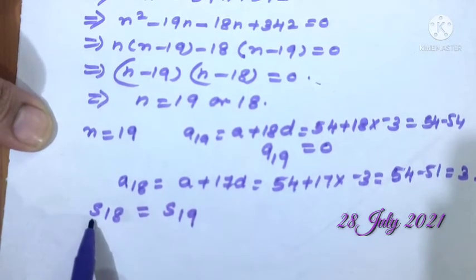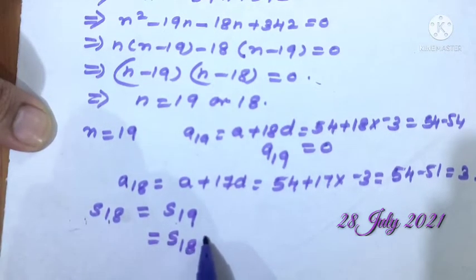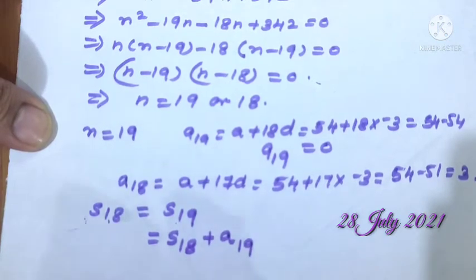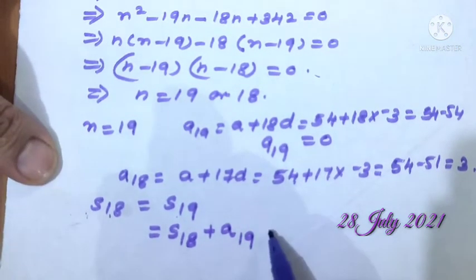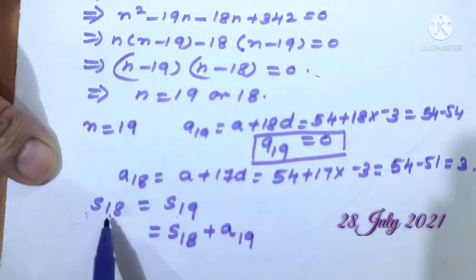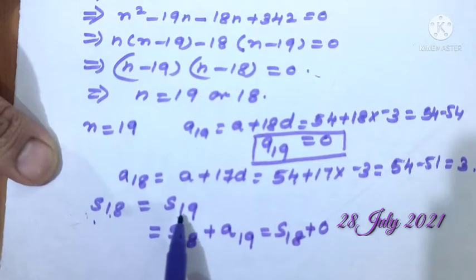Why? S18 means the sum of the first 18 terms. Here the difference between S19 and S18 is A19. What happened to A19 for us? We calculated that A19 is 0. So S18 plus 0 only. That is why S18 and S19 are equal.